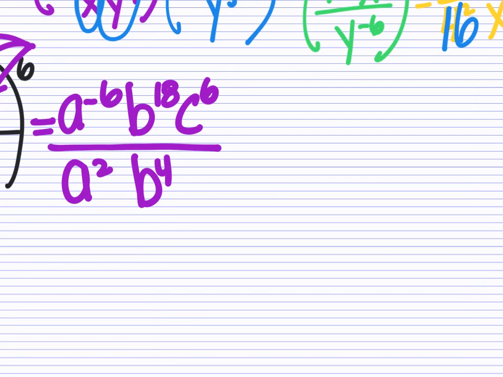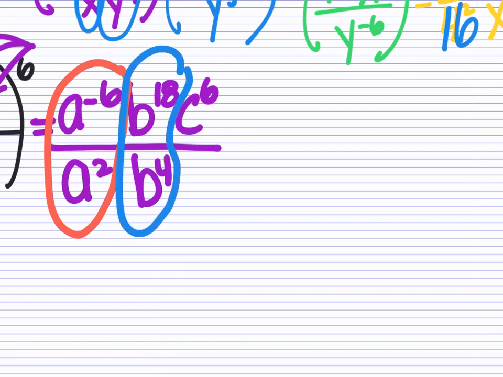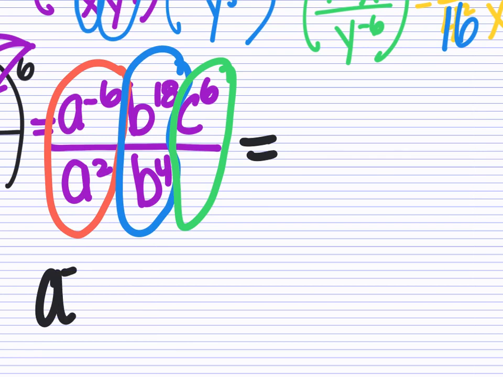Okay. Very important here that we recognize that we have 3 different bases. So you have a, and we're dividing, so it's going to be negative 6 minus 2. You get a to the negative 8th.